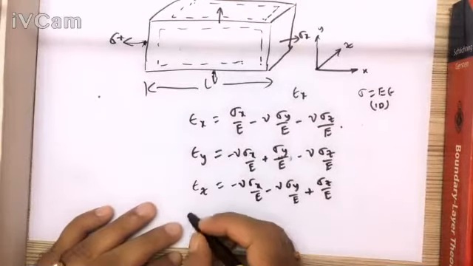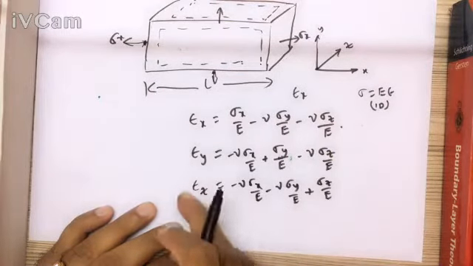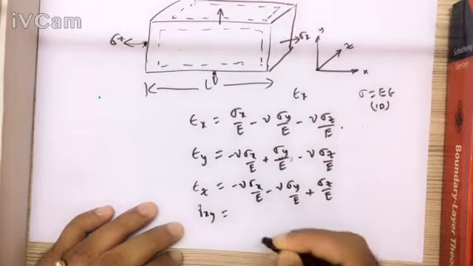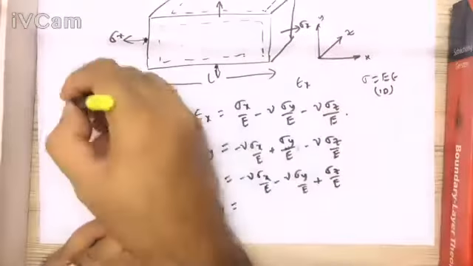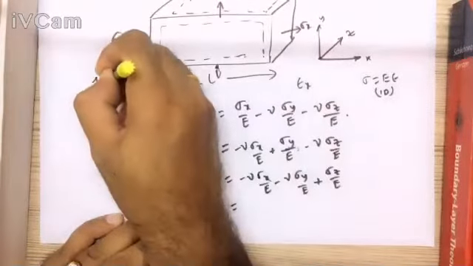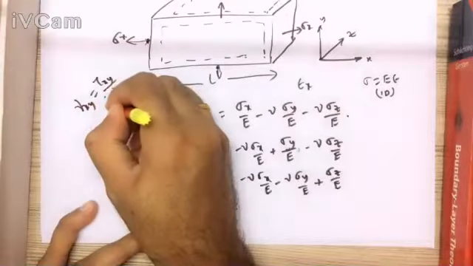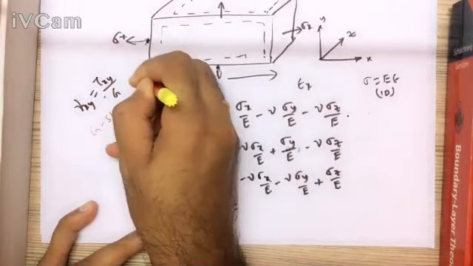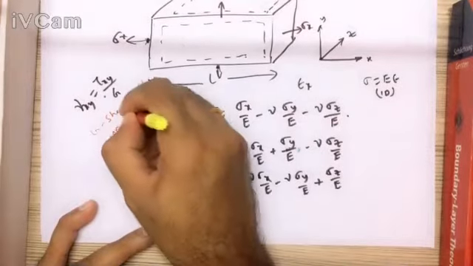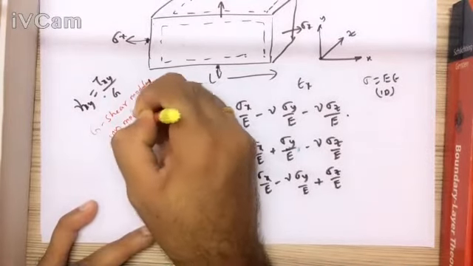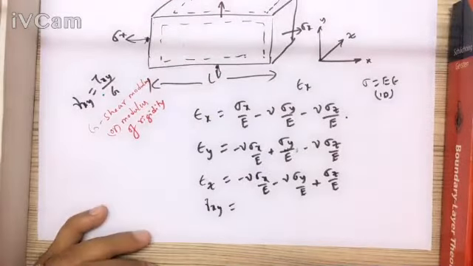So now the three normal strains are over: epsilon x, epsilon y, epsilon z. What about your gamma xy? If you recall your strength of materials course, then you will know gamma xy is nothing but tau xy by G, where G is shear modulus, or we also call it modulus of rigidity.